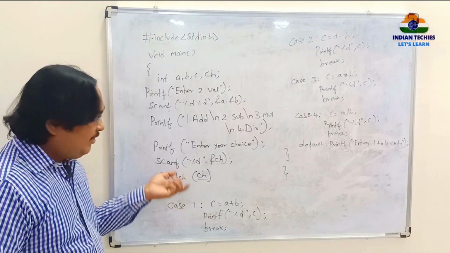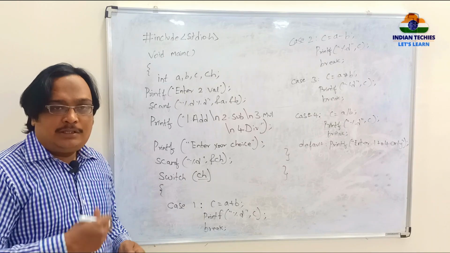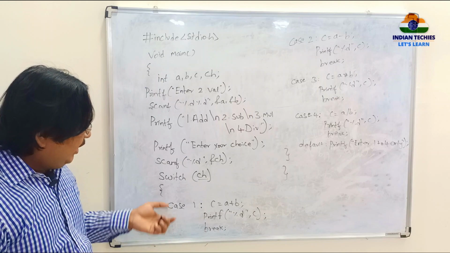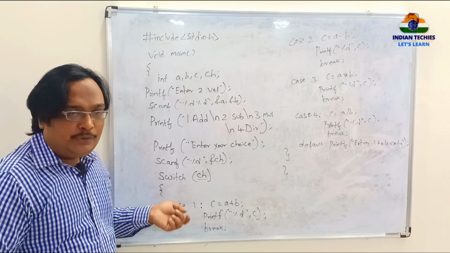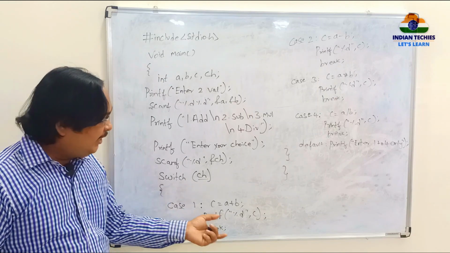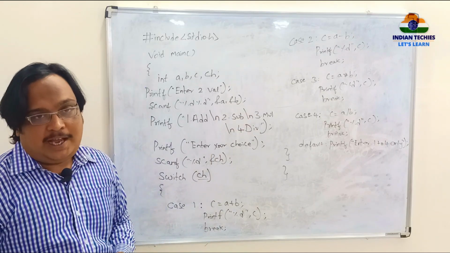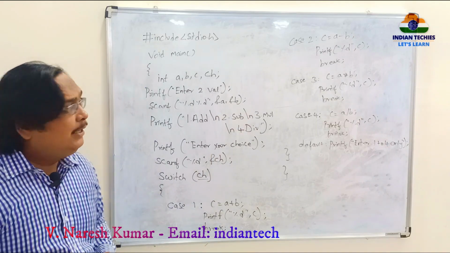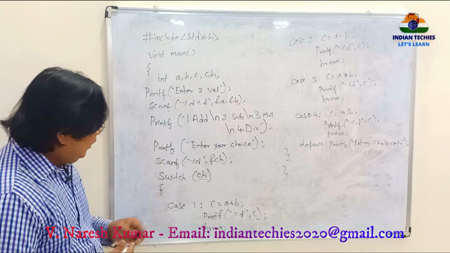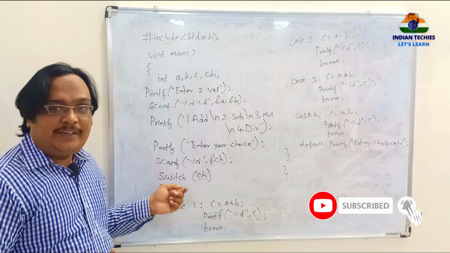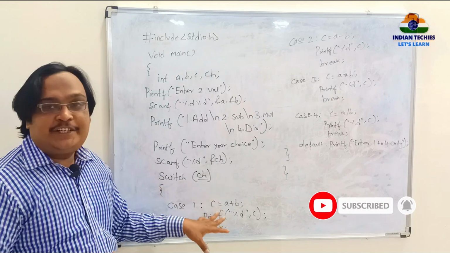Okay. So now we have seen it with integer. Suppose with characters, what will you do? Here, whenever I press 1, I give input as 1, you get addition, 2 means subtraction, 3 means multiplication. But I don't want it like this. I want it such that whenever I enter the plus symbol, addition should be done.